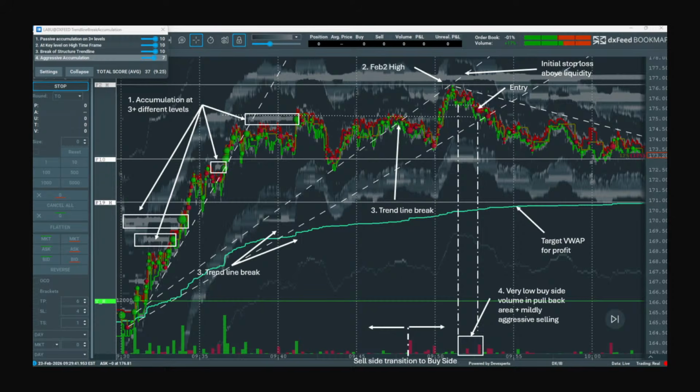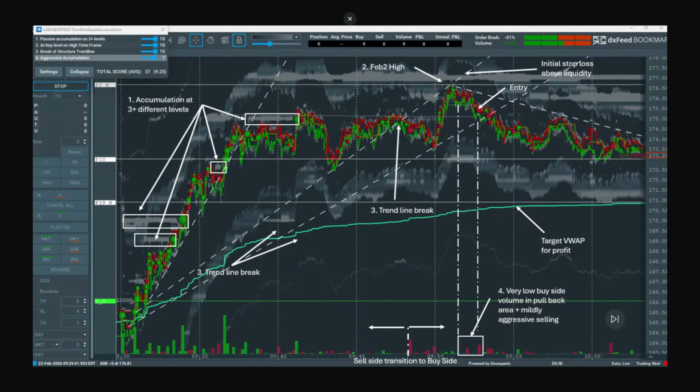On this, I'm trying to look for a TLBA setup. The first part is looking for the passive accumulation. So I marked 3 different levels, and actually it appeared to be more than 3. I marked up 4.